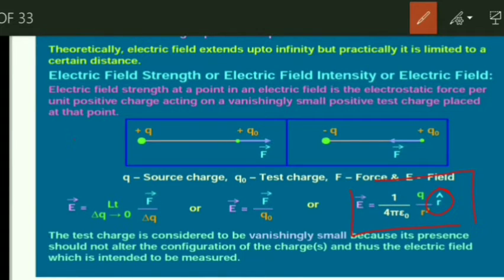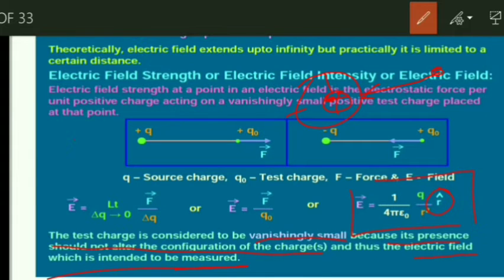Friends, reason for the fact that we were using here a small test charge to check the electric field is that the test charge is considered to be vanishingly small because its presence should not alter the configuration of the charge and thus the electric field which is intended to be measured.